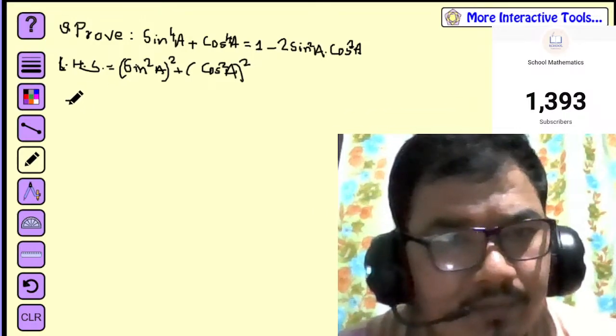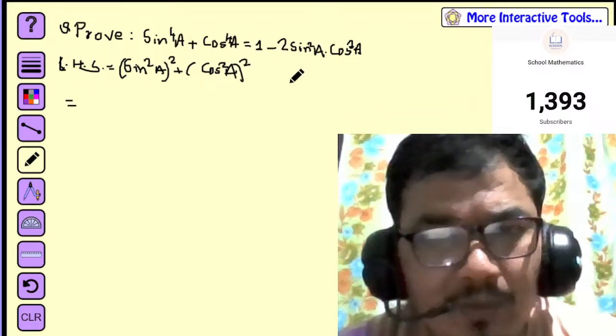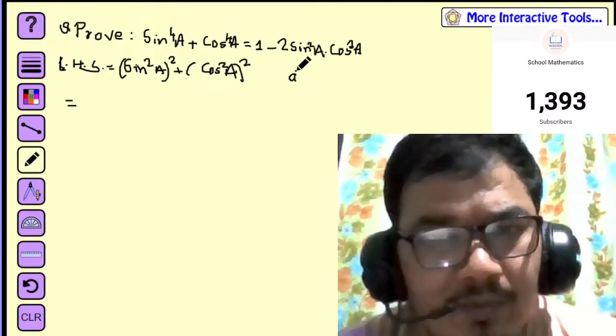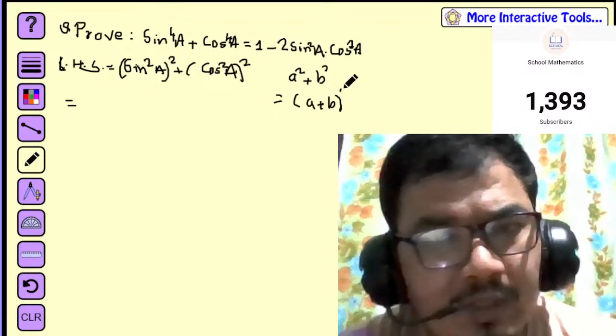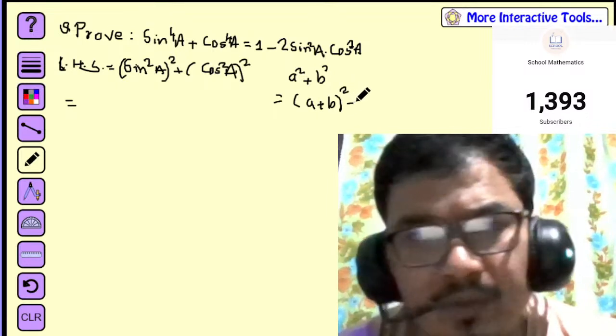And then we have to use this formula. We have the formula of a square plus b square, right? That's why we express sine power 4a in square form. It means a plus b inside the bracket, whole square, and minus 2ab will be there.